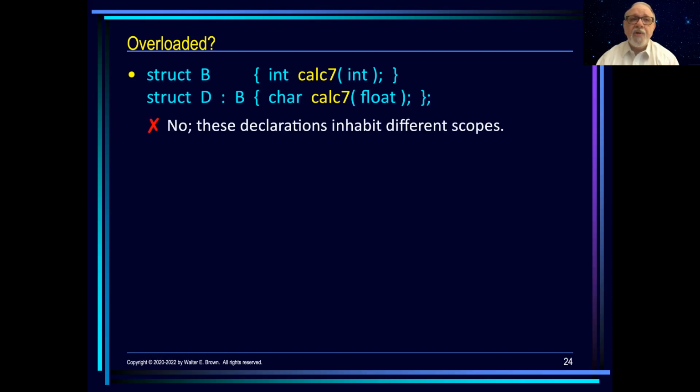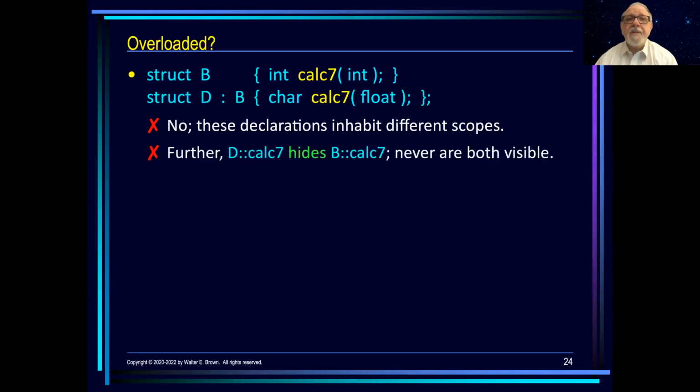And the answer is no, simply because these declarations are in different scopes. Moreover, the declaration in the derived class hides the declaration in the base class, so never will both declarations be visible at the same time.